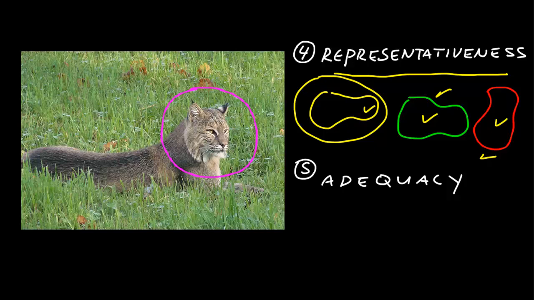And how about number 5? Number 5 here is adequacy. We need our reserve network to be adequate. And what I mean by that is our reserve network should have some long-term viability or long-term persistence. In order for it to be adequate in terms of achieving our goal, our objective, it needs to have some long-term persistence or viability. So in other words, if one of our priorities was the bobcat, right?